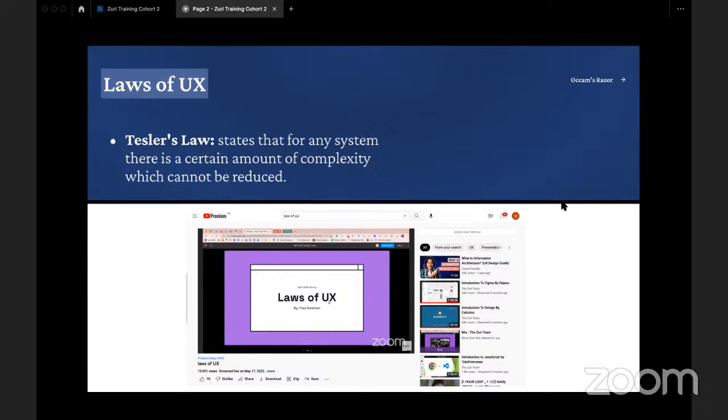What does this mean? It means that as a designer, in as much as we want to reduce the complexity of things and make everything as simple as possible for our users, there are some things that should be left the way they are.